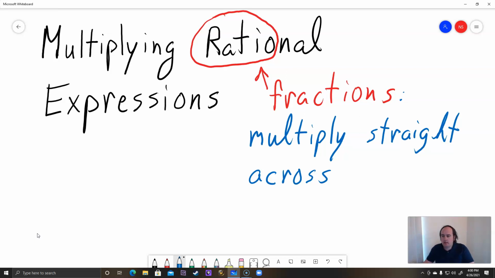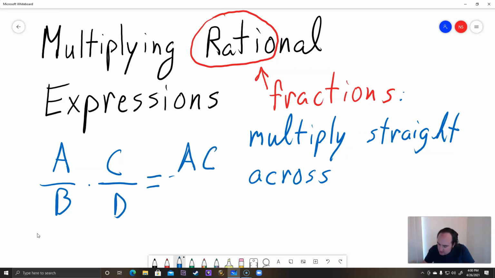For example, if you have A over B times C over D, to multiply it straight across, you just get AC over BD. As you can see, you're just multiplying the numerators and multiplying the denominators.